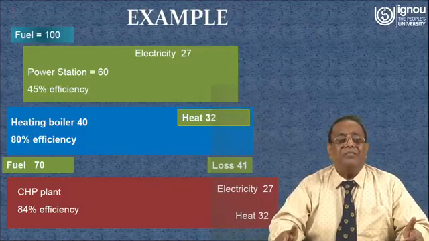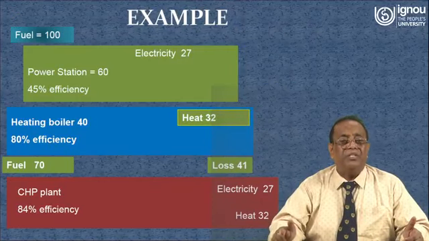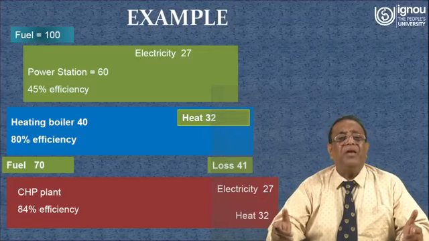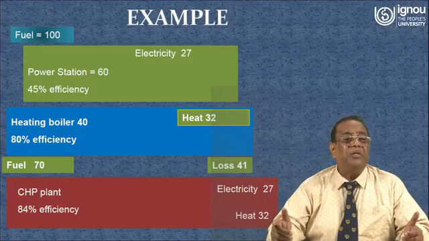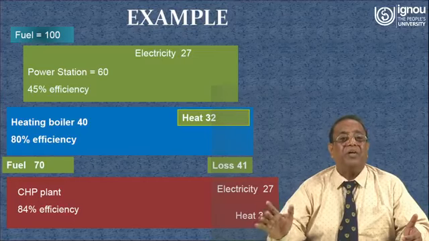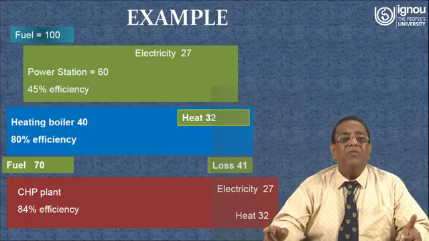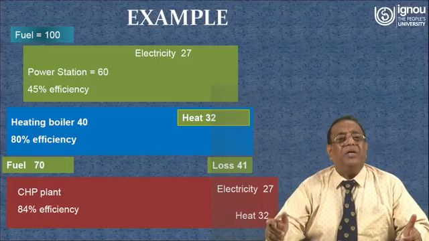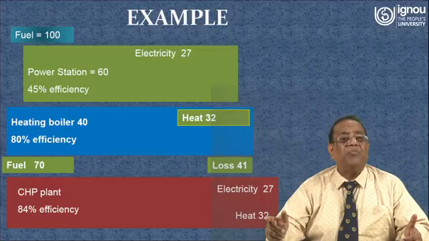Now, let us take an example of how cogeneration benefits the system. Let us take the conventional system where energy is used for producing electricity, and also energy is used separately for heating in the boiler for process industries. Suppose the energy available is 100 units, and 60 units are utilized for the power station, whose efficiency is 45%.